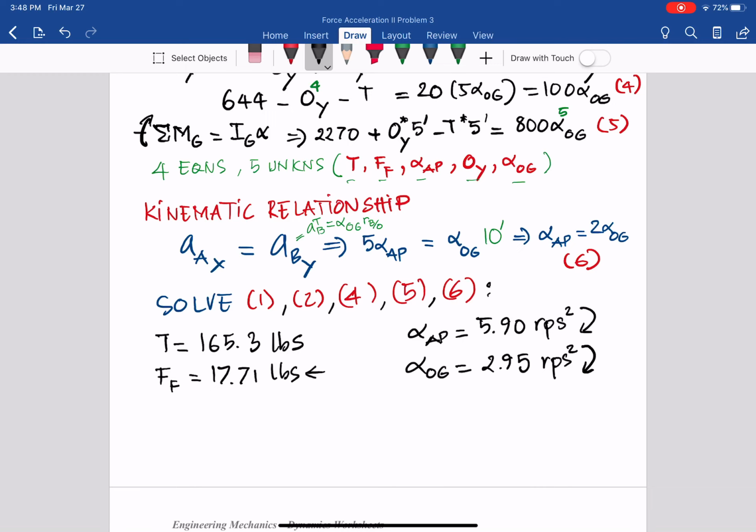And then in terms of force, you find OY equal to 183.5 pounds, going up, positive.